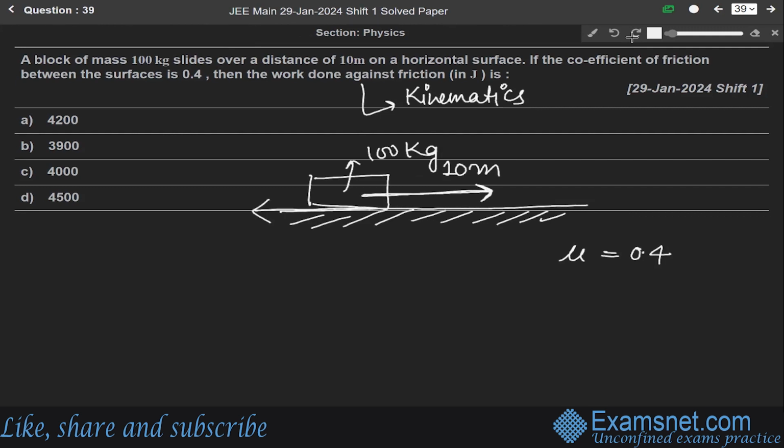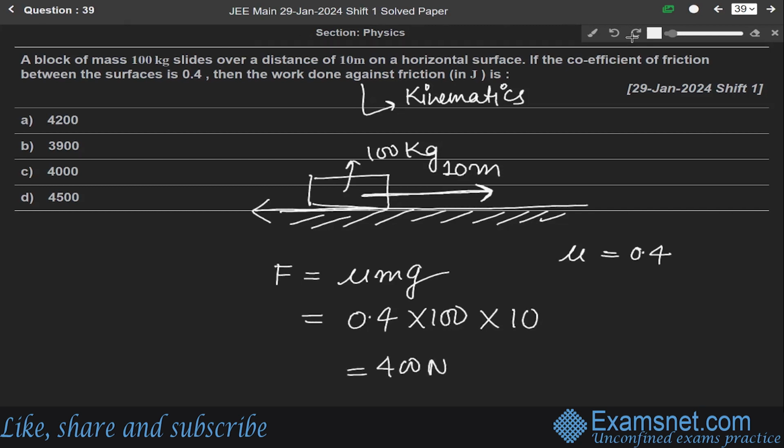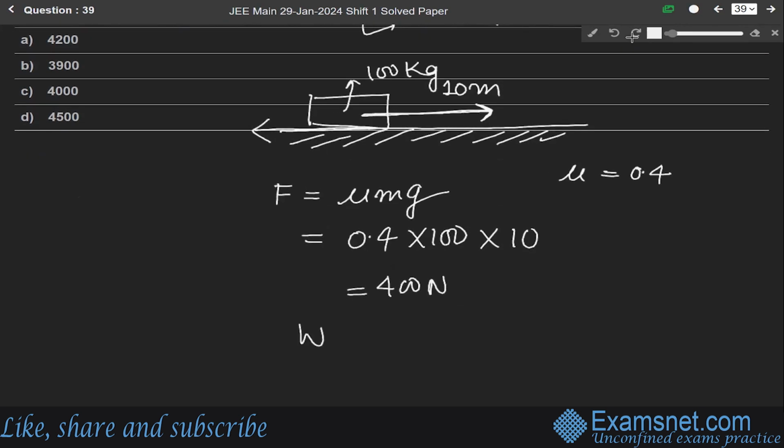Since we know that the force F is equal to mu times M times G, it will be equal to 0.4 times 100 kg times 10, so it will be equal to 400 Newton. So work done W equals F dot ds.